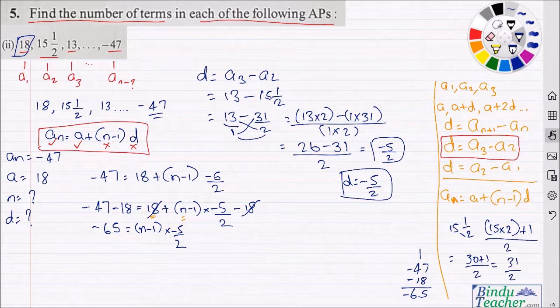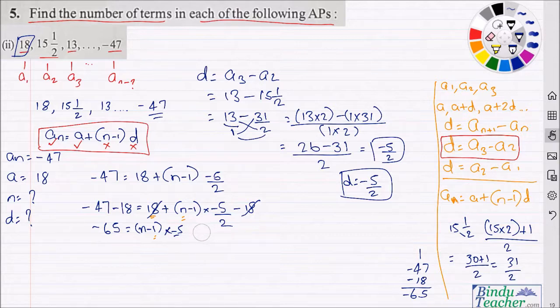So again here I only want n, but I have minus 5 by 2 and minus 1 also, right? So let's first remove this minus 5 by 2. Okay, I think this is not clear.